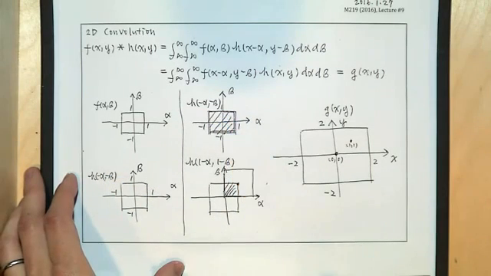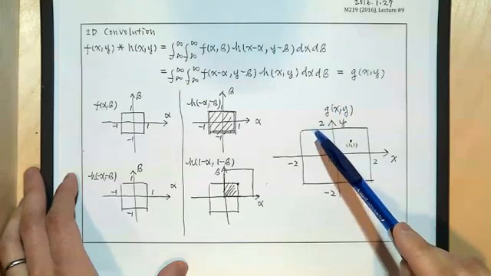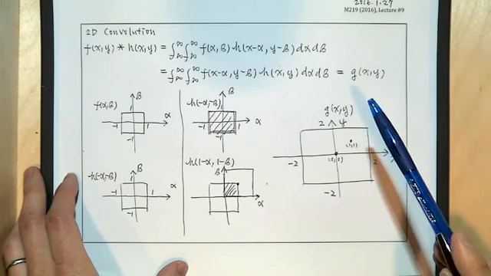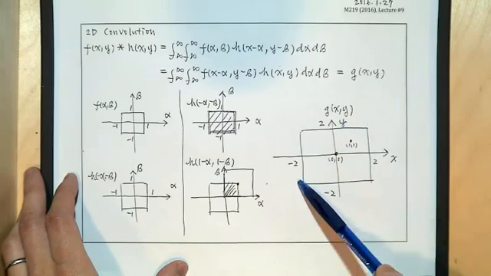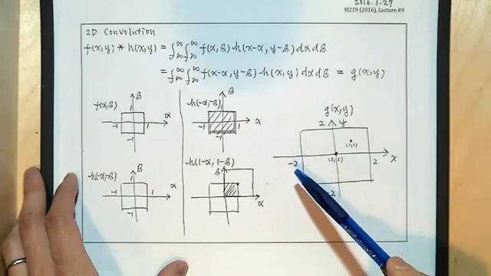Now let's look at the output. So g of x,y is the convolution of f and h. We've learned from the 1D case that when you convolve two functions, the output is twice as wide. So I've pre-drawn an outer boundary that extends to twice the width of the input.